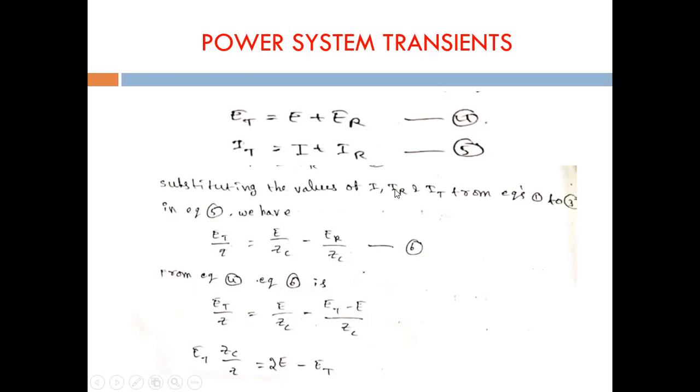By substituting the values of I, IR and IT from equations number 1 to 3 into equation number 5.